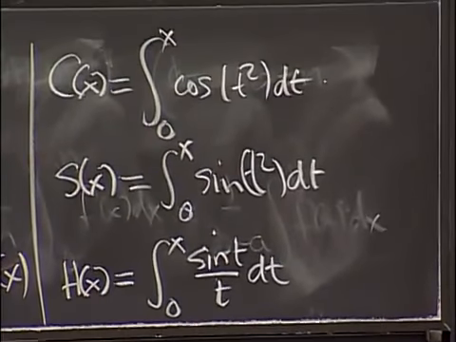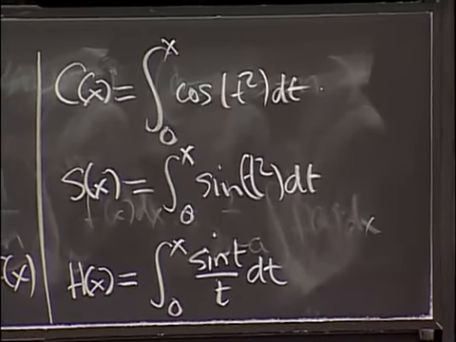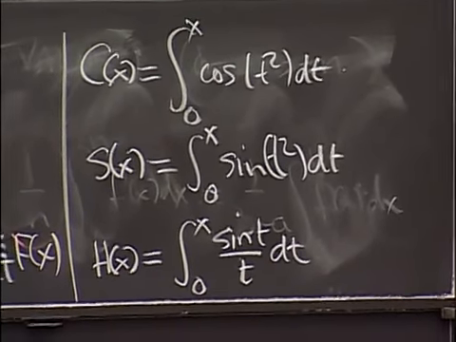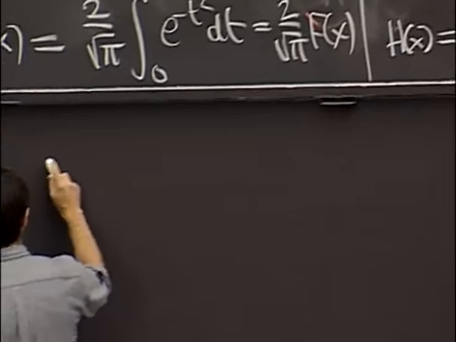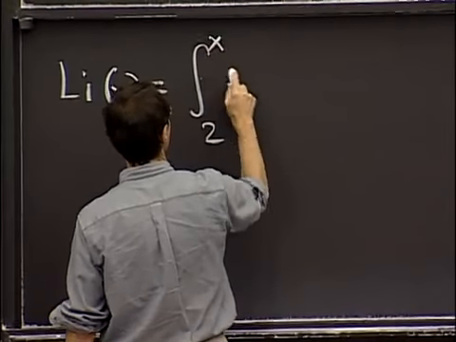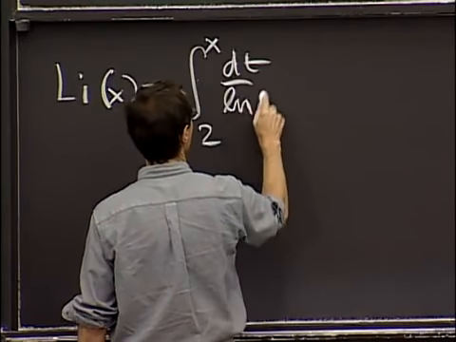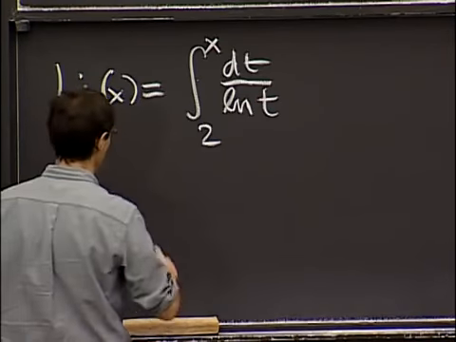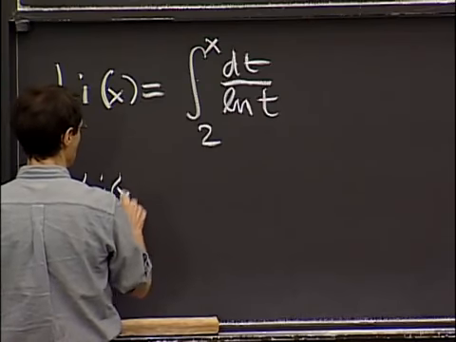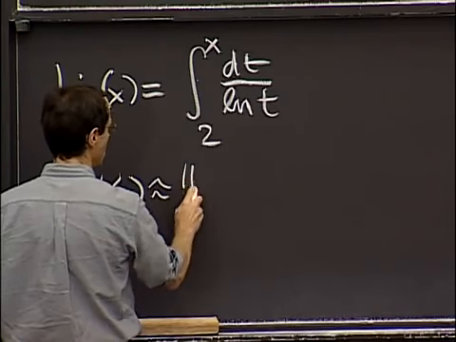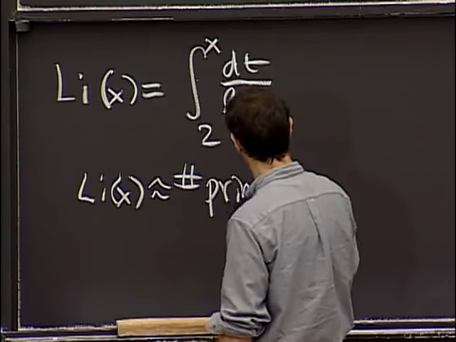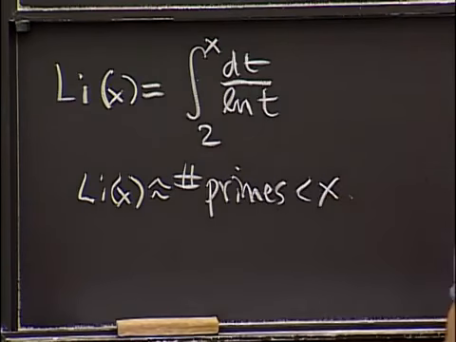And I'm going to just tell you maybe one more such function. There's a function which is called Li of x, logarithmic integral of x, which is this guy. The reciprocal of the logarithm, the natural log. And the significance of this one is that Li of x is approximately equal to the number of primes less than x.